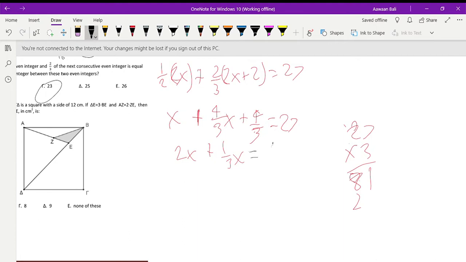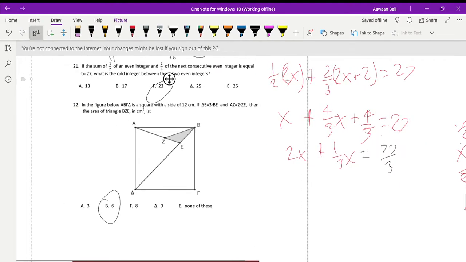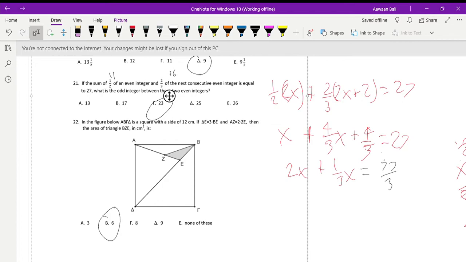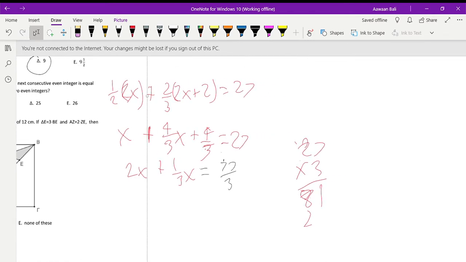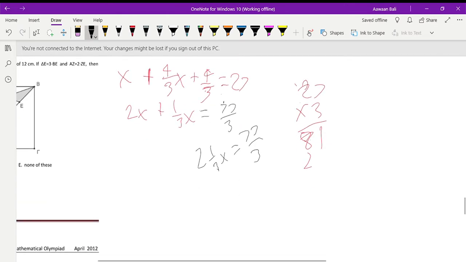So you have 77 upon 3. Yeah. So after that, it's 2 1 upon 3x. Sorry, my stylus is not working that well today, sorry guys. Okay, so 2 1 upon 3x is equal to 77 upon 3. 2 1 upon 3 is 7 upon 3, so we're basically doing this.